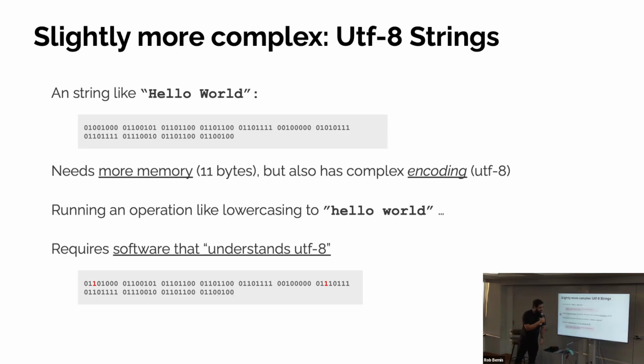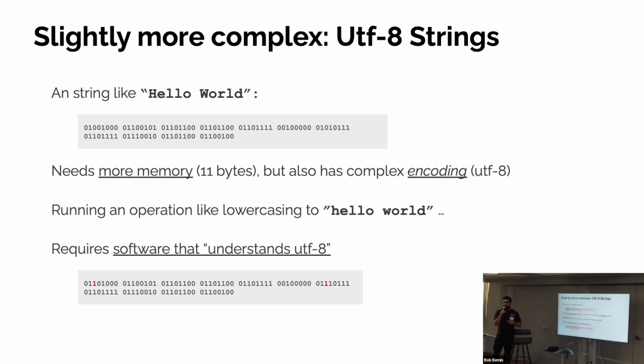Now, let's go a little bit more complex. Let's think about strings. I'm sure you have also seen strings when you program or in a database, and it's a little bit more complicated. Something like hello world doesn't just map to a series of bytes. It actually needs to be encoded in some way. In this case, it maps to 11 bytes, which is quite simple, but you might have something like a Chinese character or an emoji.